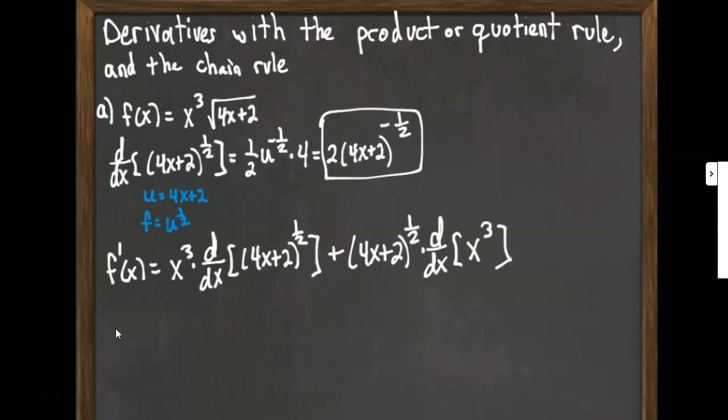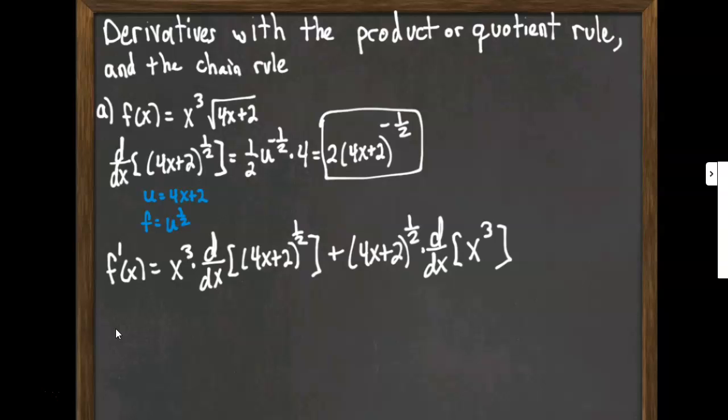And here I'm writing out that extra detail. I'd encourage you early on to do that, to really tie together how everything works out. Now we know the derivative of 4x plus 2 to the 1/2. That's the thing we just worked out here in the box. And of course we know how to do the derivative of x cubed because that's just a power. So we can go ahead and work those pieces out.